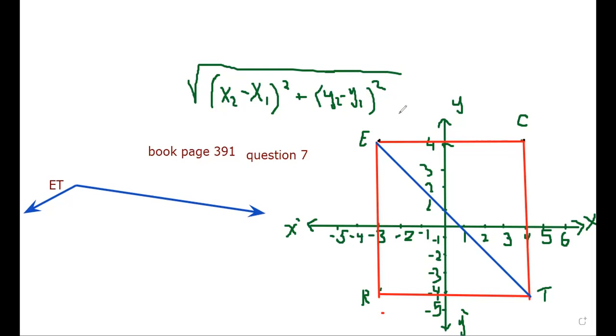Which 2 triangles can we use? CET, the RET. So we can use ET in 2 different triangles. The first triangle is ECT, the second triangle is ERT. Agree with you 100%. Thank you.